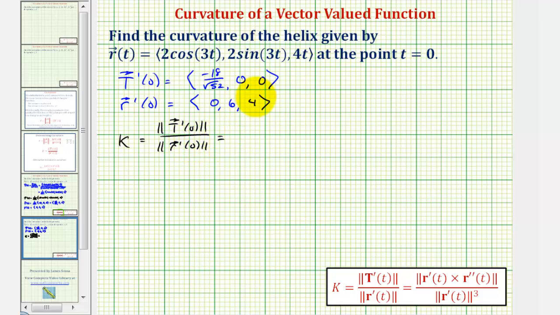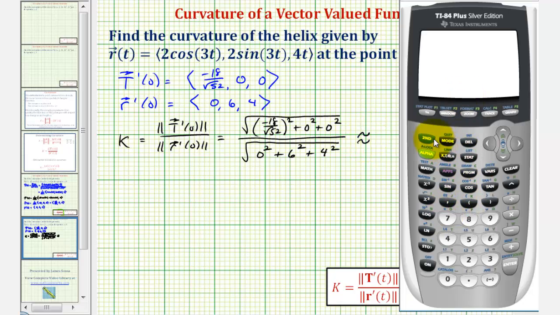So we would have the square root of (negative 18 divided by the square root of 52) squared plus 0 squared plus 0 squared, divided by the square root of 0 squared plus 6 squared plus 4 squared. And now we'll go to the calculator to approximate this value.